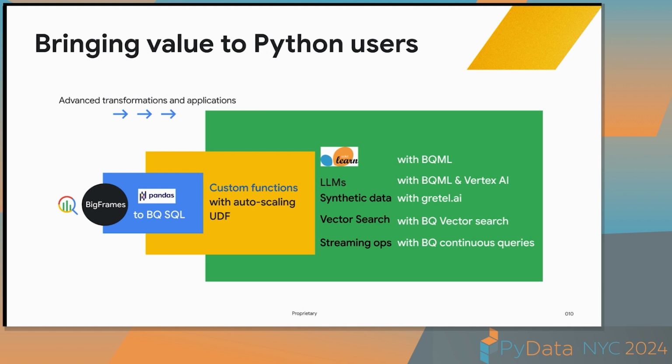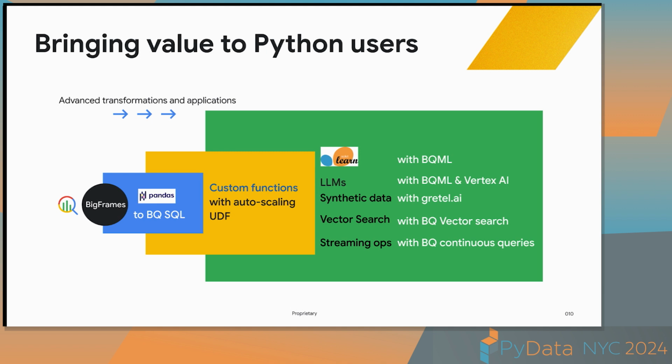So at a high level, we've got BigFrames as your interface to BigQuery, pushing down your pandas and scikit-learn to that query engine. You can expand that ecosystem with custom functions, including third-party packages deployed to Google Cloud using Cloud Functions and exposed to BigQuery via remote functions.